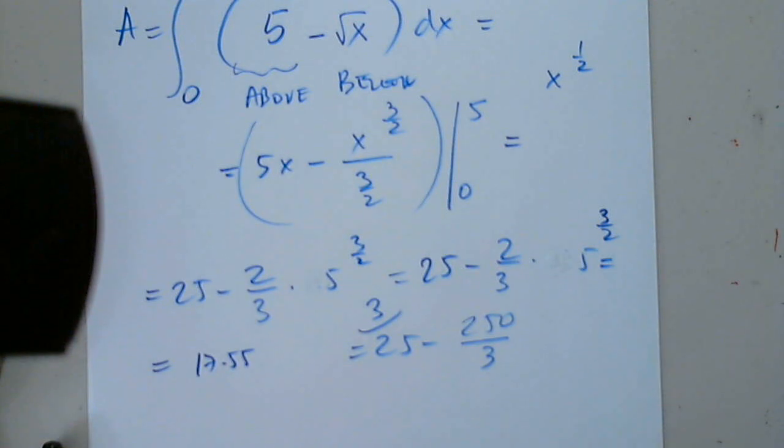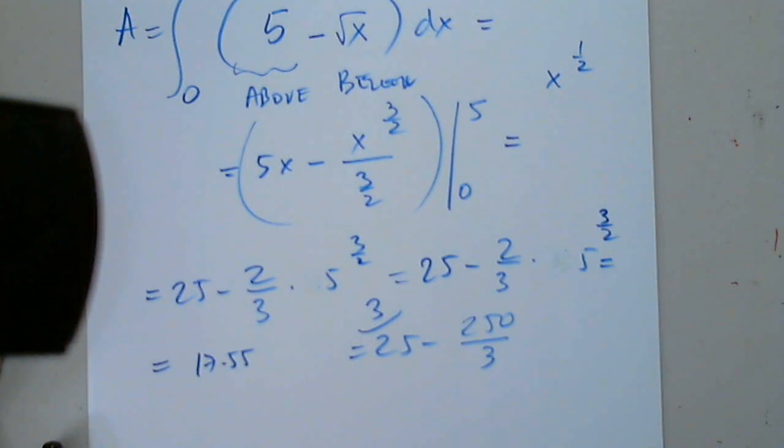I don't like approximations, but, and just to make sure, the integral was from 0 to 25, and it was from 5 minus the square root of x dx, of course.